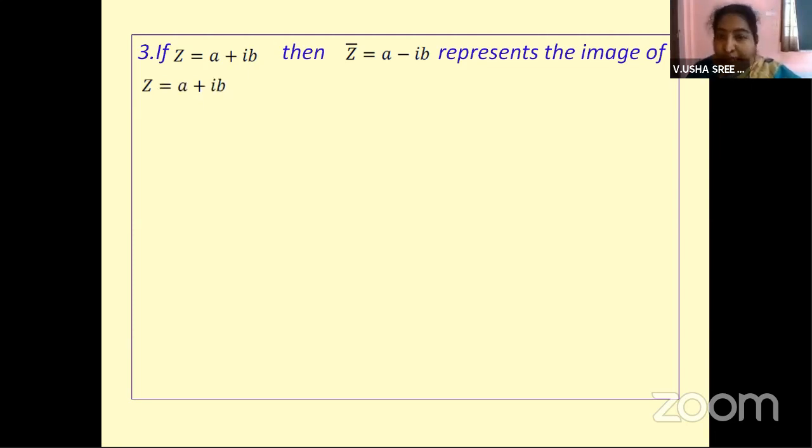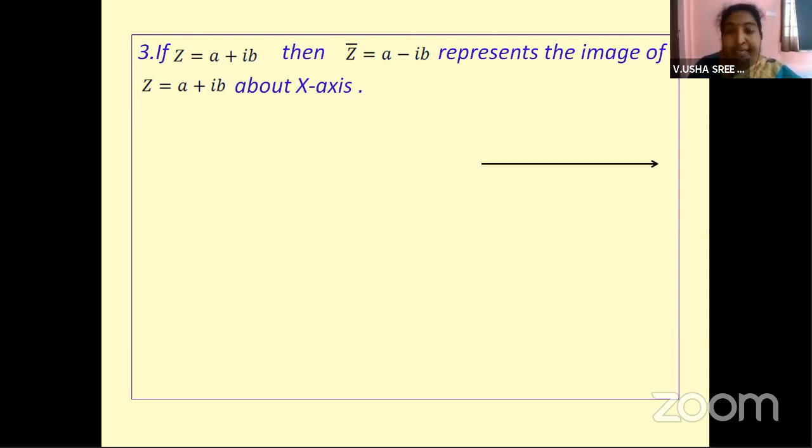In this case, your conjugate is the image of z, and it is taken about the x-axis.